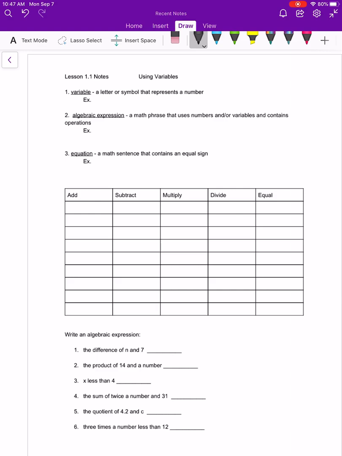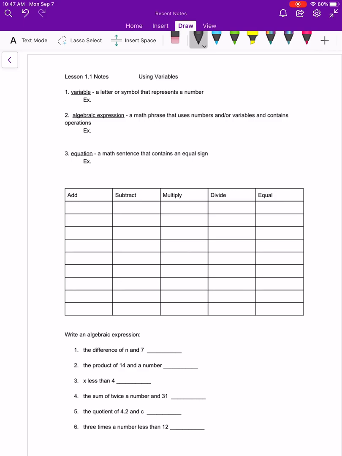Even geometry, which is a total different entity of math, it still is based on algebra. So therefore, this is really important that you understand these foundation situations. So that's why I take a whole chapter to kind of explain it. So without further ado, here we go.